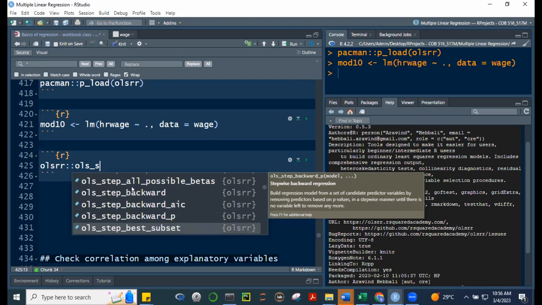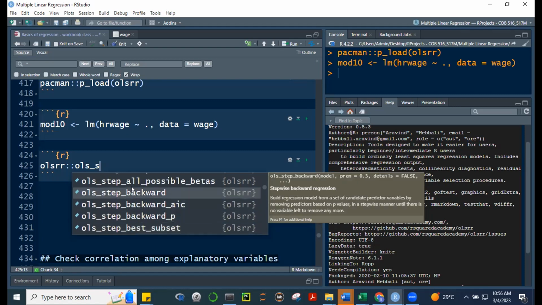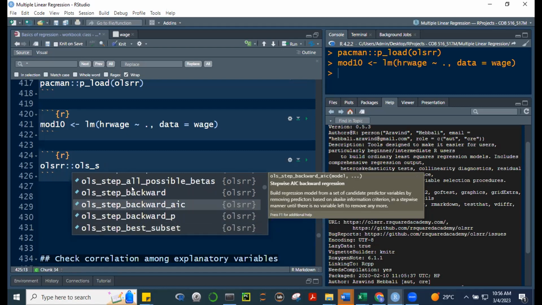And then there are 2 methods here for step backward. It could be step backward using AIC, which means the basis it uses is AIC. The lower the AIC, that's what enters the model. What we used is P, right, class? We looked at the P value, the t-stat, and the one with the smallest absolute t-stat, we removed. Those that are not significant, we removed.